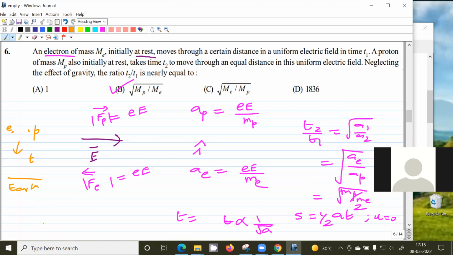No. Okay, suppose I take a mass m and a bigger mass capital M and drop it on Earth. Will it take the same time to reach? Proton will take lesser time, sir. What about acceleration of both of them? Will it be same or different? Different. Why is the acceleration different?